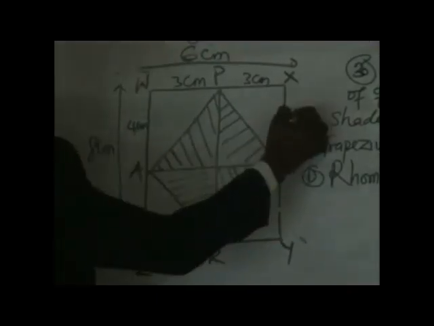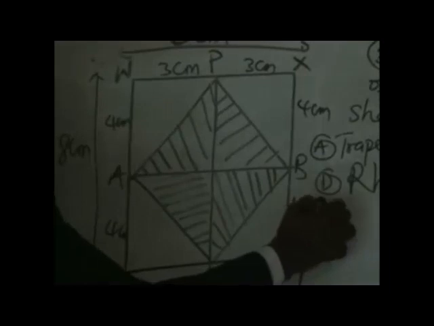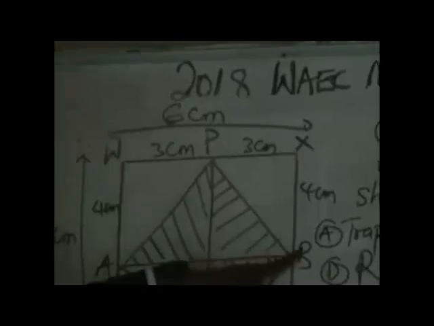Is it a trapezium? Is it a prism? Is it a rectangle? Or is it a rhombus? Now if this place is 4 cm, this is 4 cm, this is 3 cm, this is 3 cm. Now if this place is 3 cm and this place is 4 cm, from Pythagoras' theorem we can get this line PB.